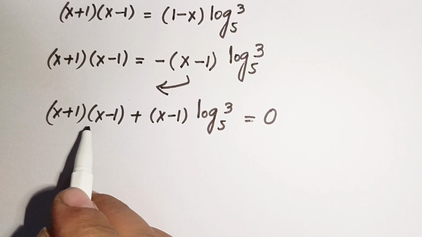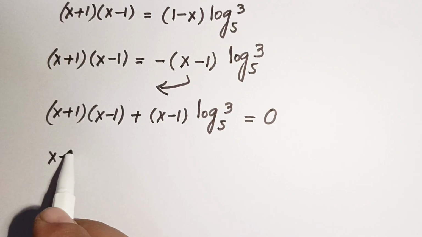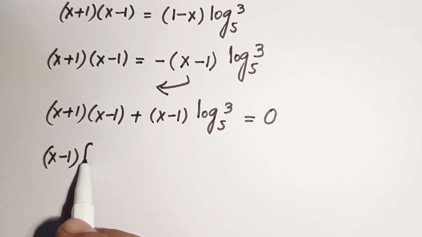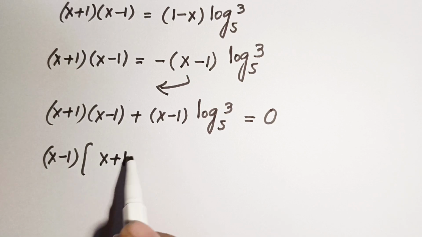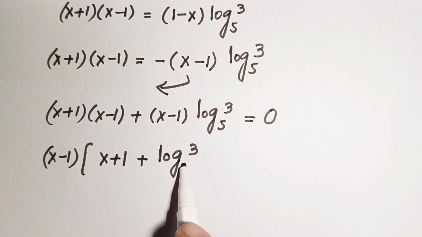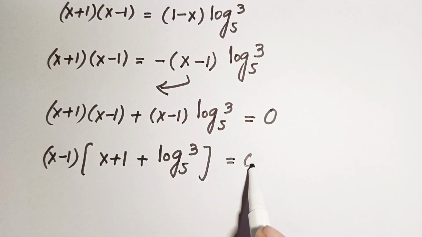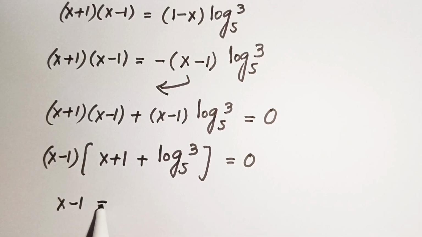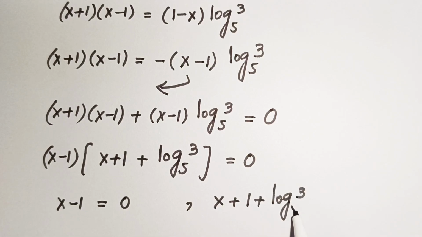Now x minus 1 is common, so taking x minus 1 as common factor, we have x plus 1 plus log 3 to base 5 is equal to 0. Now the first factor is x minus 1 is equal to 0, and the second is x plus 1 plus log 3 to base 5 is equal to 0.